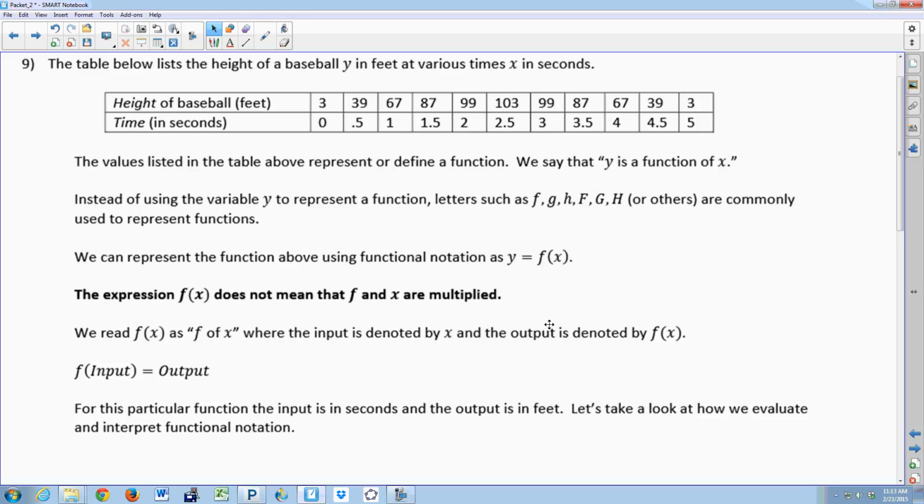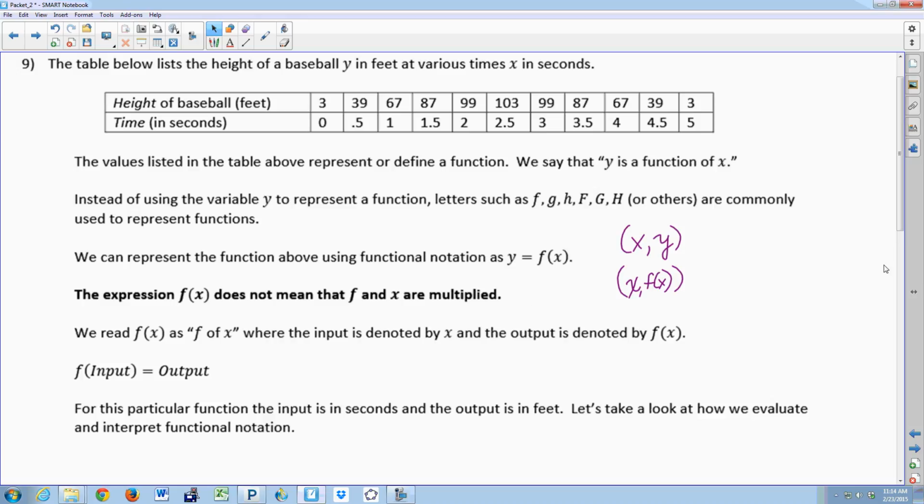So f of x means the same as what you've been calling y. Now when you write your ordered pair, instead of x comma y, you're going to say x comma f of x, to really reinforce the idea that this output value, f of x, is a function of this input value called x.